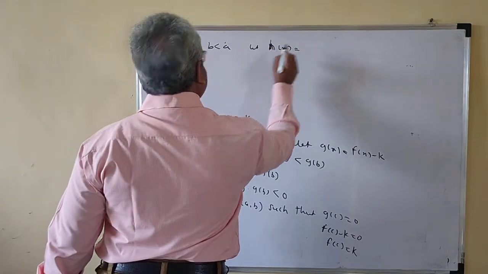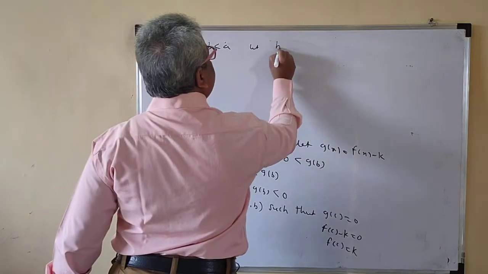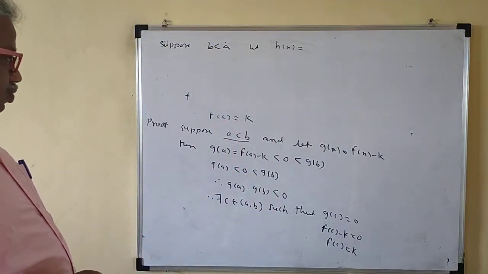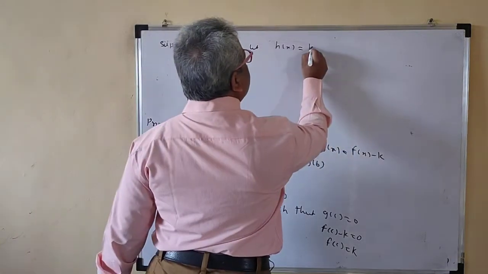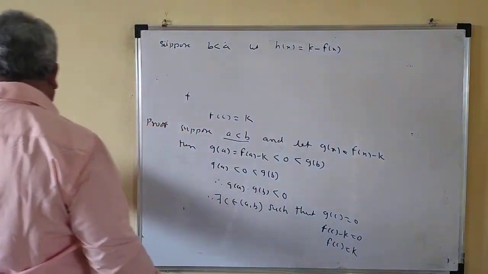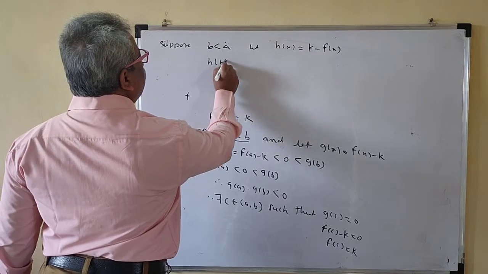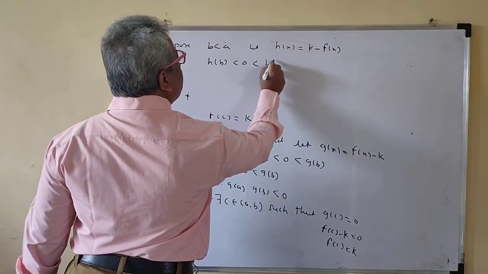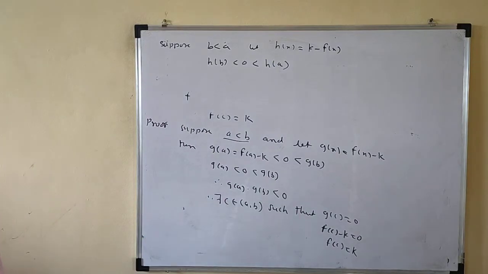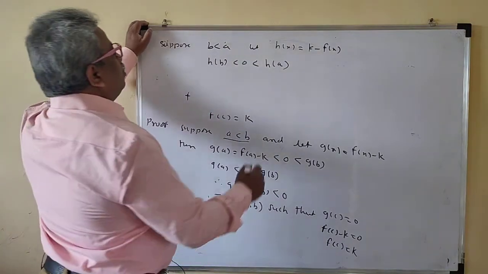Let h(x) equal, so here we had f(x) minus k, so k minus f(x). Then h(b) is less than 0, less than h(a).